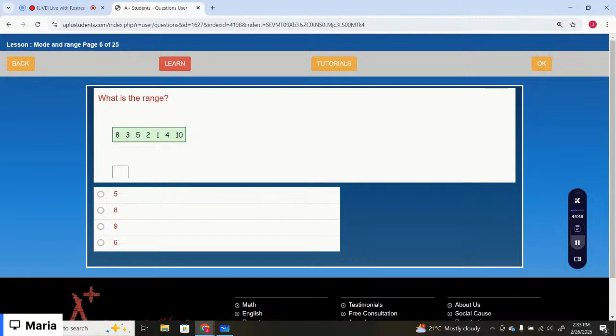What is the range? The range is the difference between the greatest and the smallest number. The greatest number is 10, the smallest number is 1. So 10 minus 1 is 9, the range is 9.